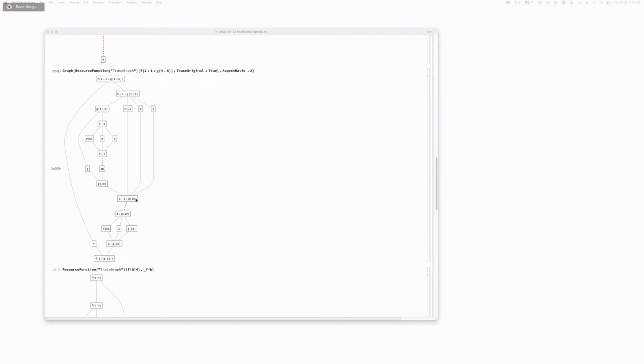Like this one has been deconstructed, but it still can evaluate to something. Right, this is post-deconstruction, this is pre-deconstruction. So maybe we want those to have different colors. Maybe we want some way of indicating pre versus post. How would we indicate that? Pre versus post, like green versus red or something. I don't know.